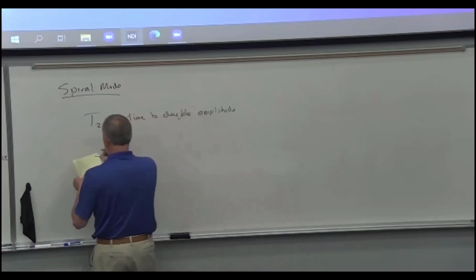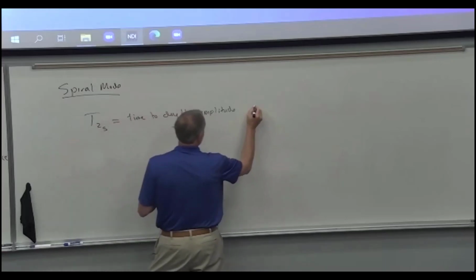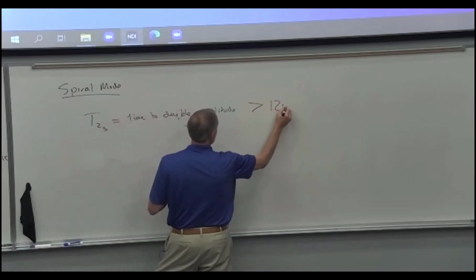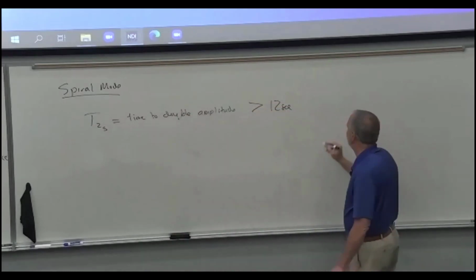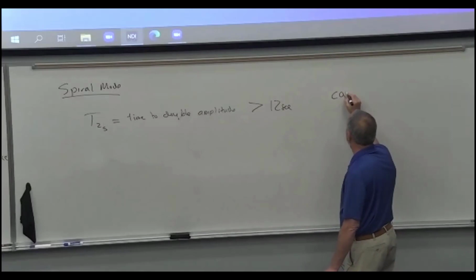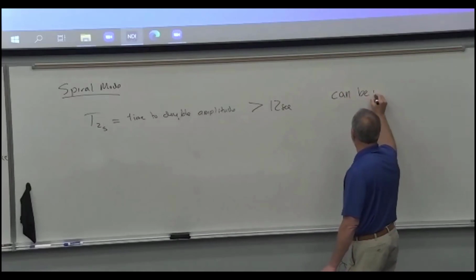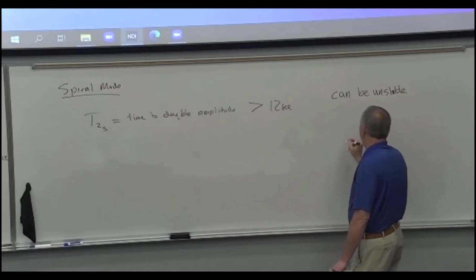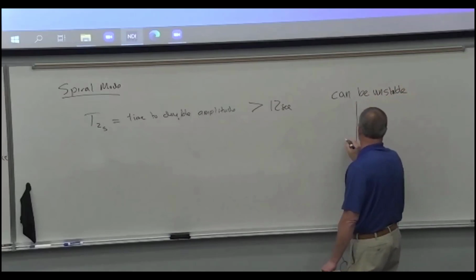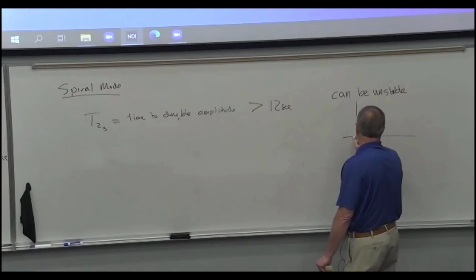And the specs for this say that it has to be greater than 12 seconds. You're saying, well, what does double amplitude mean? It means that this can actually be unstable and be okay, as long as it takes longer than a certain amount of time to double amplitude.